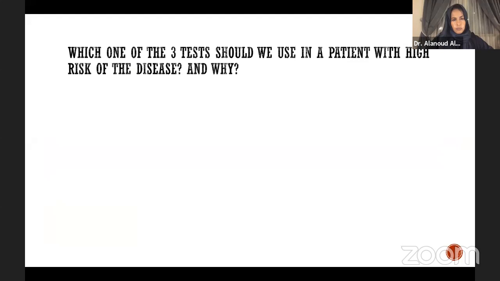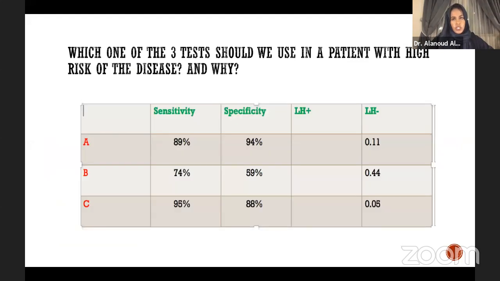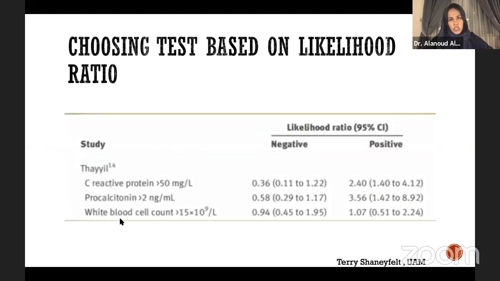However, which test in a patient with low risk of disease, and why? You need to choose a highly specific test because you want to rule in the disease.